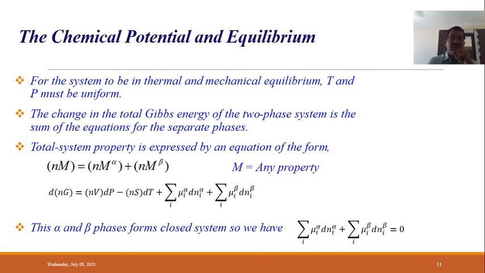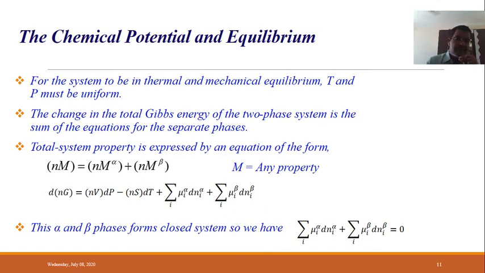These are added together. But we have seen that for a closed system we have a simple relation, that is d(NG) is equal to NV dP minus NS dT. This is the simple relation we have. So whatever additional terms, that is the summation terms here, have no use, so we have to remove those terms. That means we have to set these summation terms equal to 0.